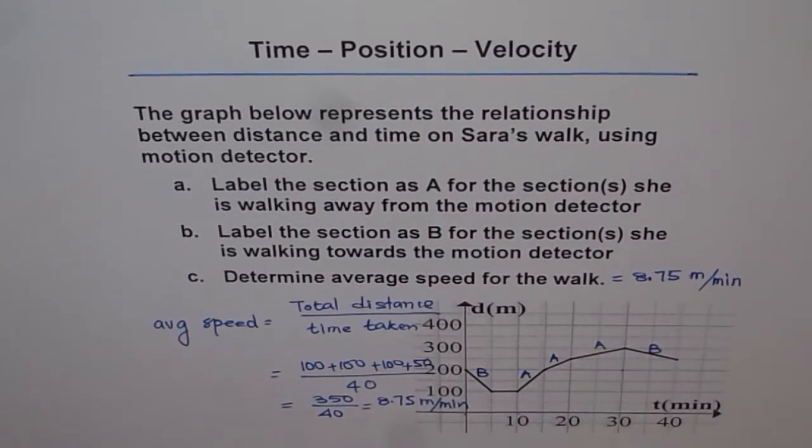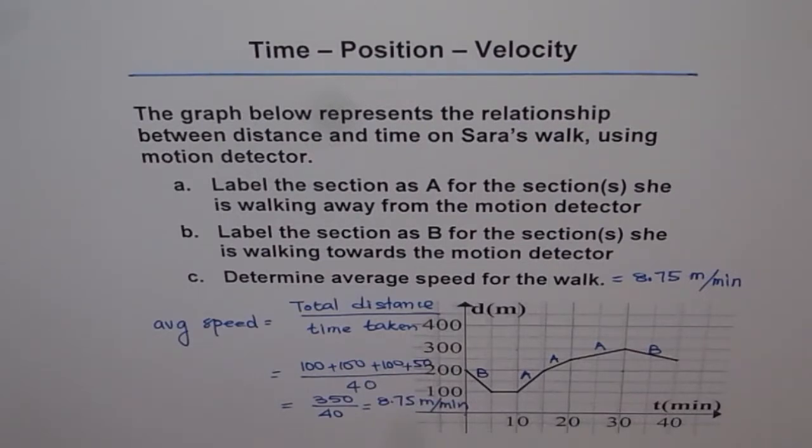I hope you understand and appreciate that if we are talking about distances with reference to a motion detector or any source for that matter, then the lines where the distances are decreasing are the legs where the person or the object is approaching.